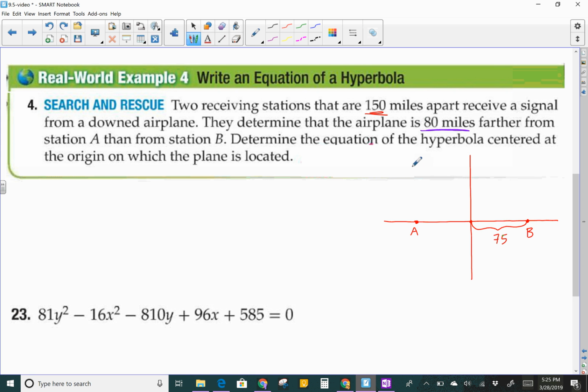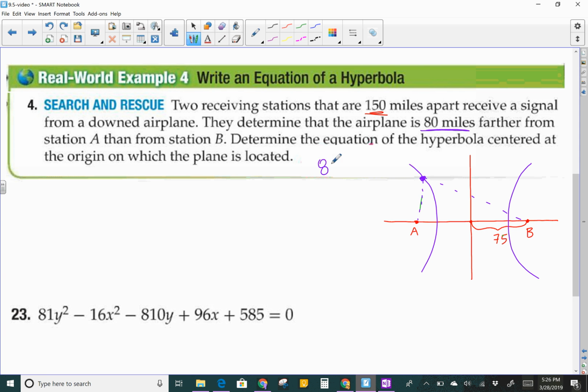So if you think about it, those are your foci, so you're going to have some hyperbola doing this. Okay, the plane is up here, and the distance from here to here, they're telling you that the difference between those two distances is 80 miles.